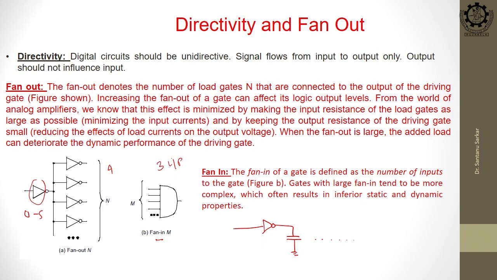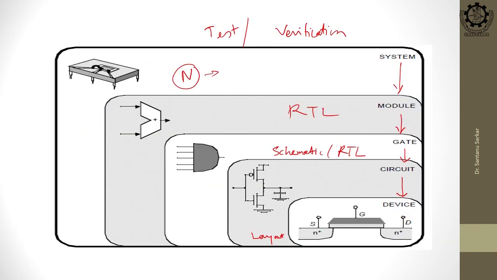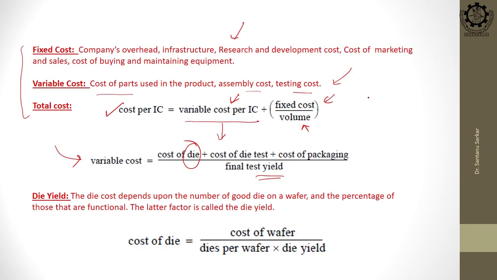Getting my point? If you are driving one gate, what capacitances are coming in? Can you tell me? See, what is it driving? Another MOSFET. So what capacitance is it seeing?